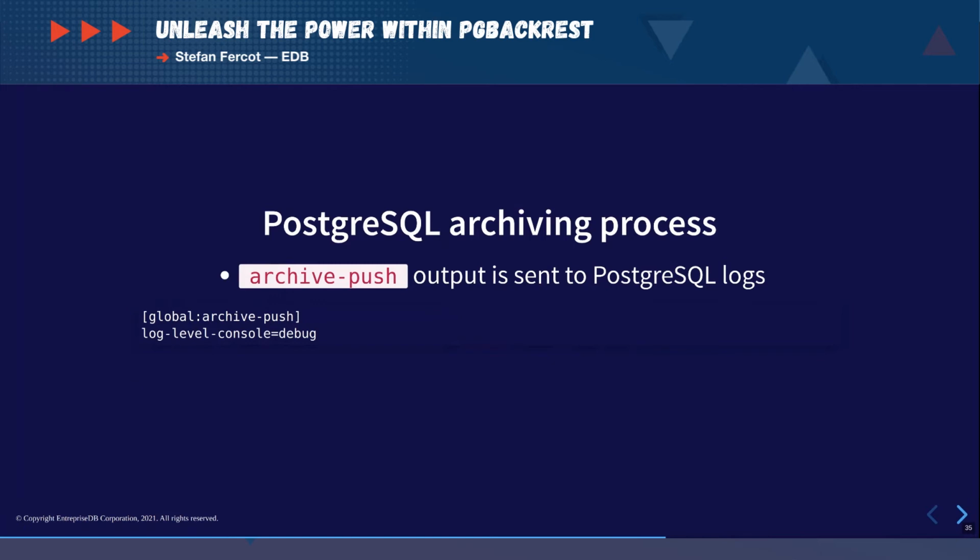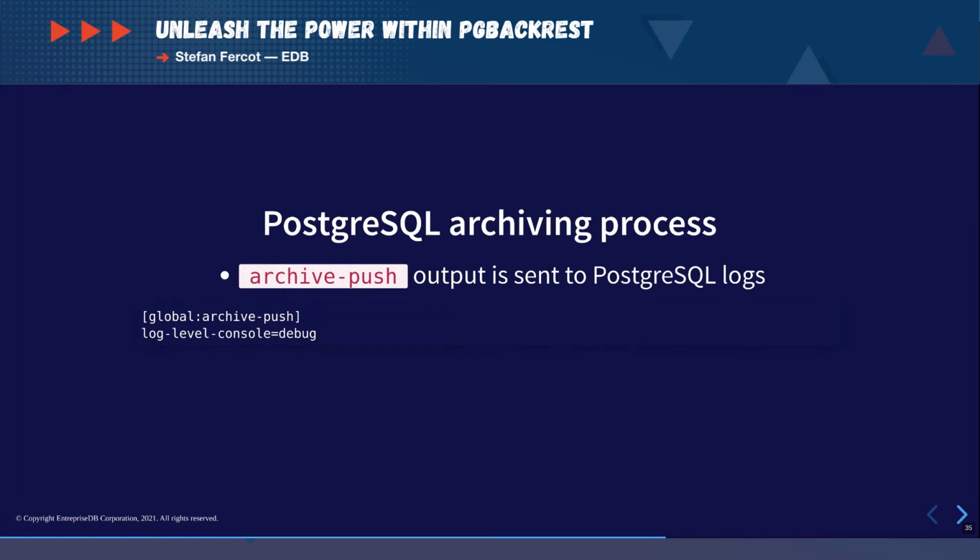That's pretty easy to do in the configuration. You just simply say in the global section for the archive push command, just apply the setting log-level-console equal debug. That will send debug logs to the Postgres logs each time the archive push command is used.